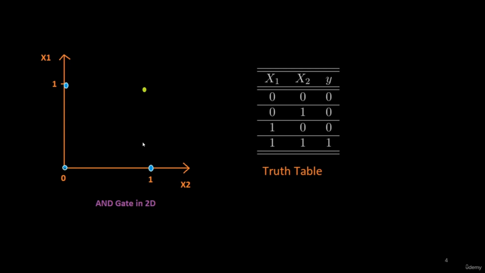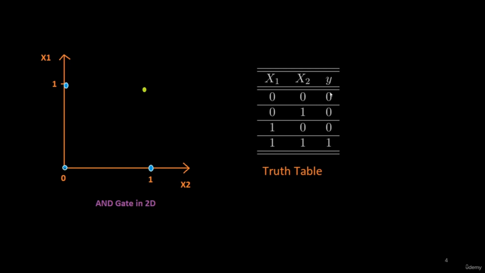So we are here basically where x2 is equal to 1. This is the x2 axis, and here x2 is equal to 1, and at this point x1 is equal to 0. Now look at this point. At this point x1 is equal to 1 and x2 is equal to 0. So this is our third data sample. This is our fourth data sample where both x1 and x2 are equal to 1.